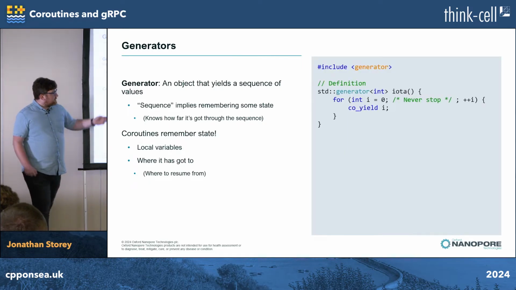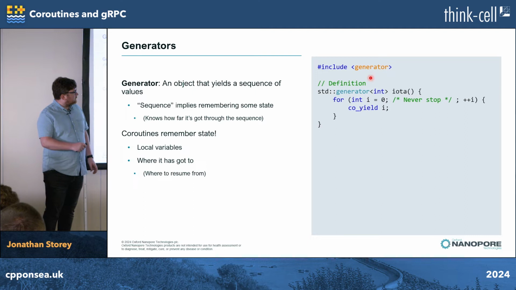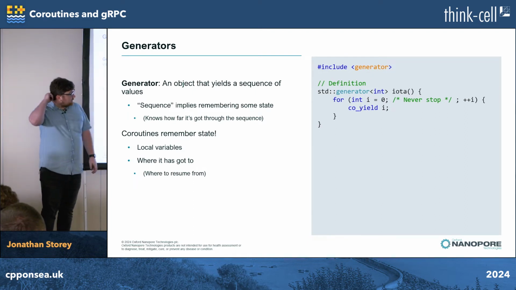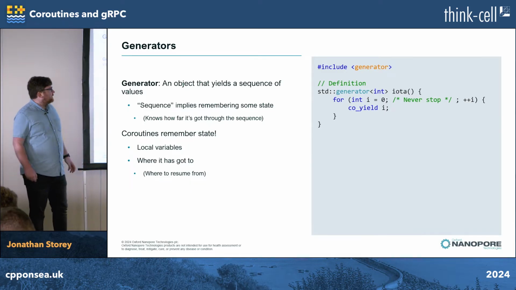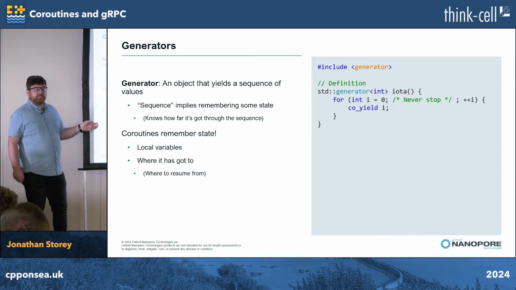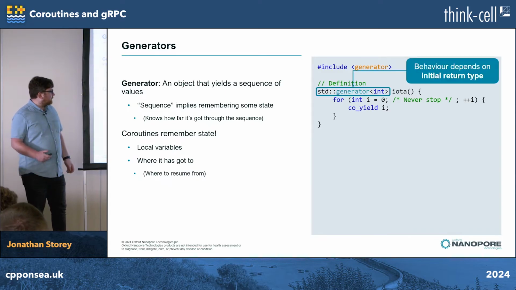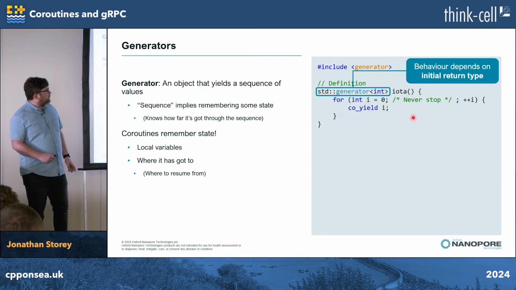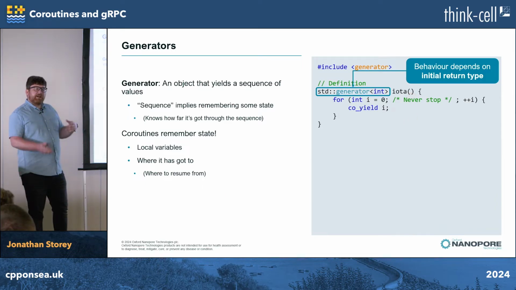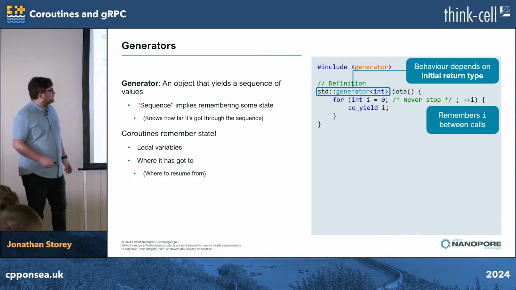So this is using std::generator. All it does is loop forever and yield integers starting at 0, going up and up and up. Every time you resume the coroutine, it yields the next value. Like we said before, the behavior depends on the initial return type. When you call iota, you get a generator object back, and that manages the coroutine body.